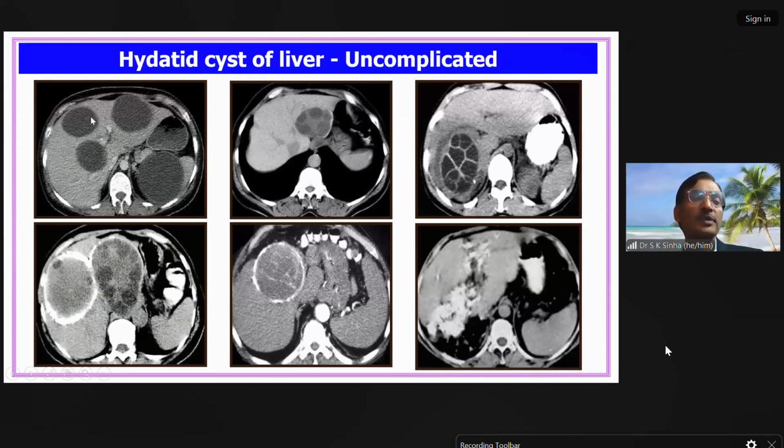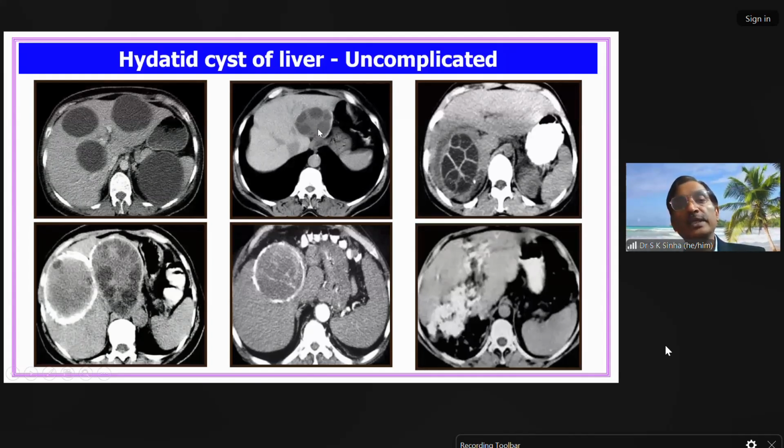If serology is positive, then we will label it as hydatid, or if scolices are seen on aspirate, which routinely is not indicated. But when multiple daughter cysts are seen, then virtually it becomes diagnostic, and the membrane will be seen very clearly, more clearly on ultrasound and contrast ultrasound.